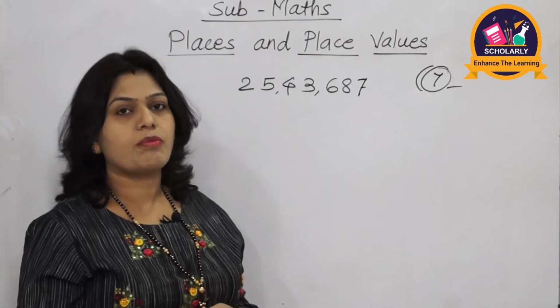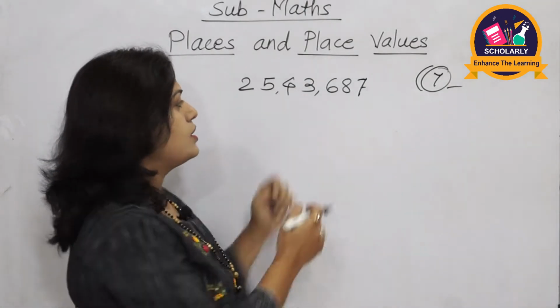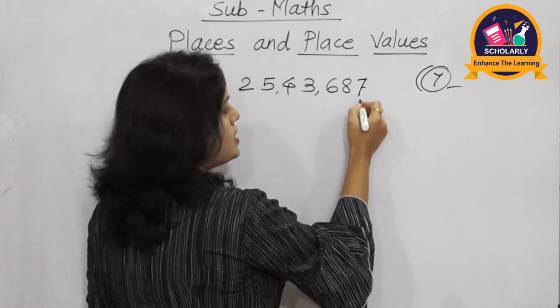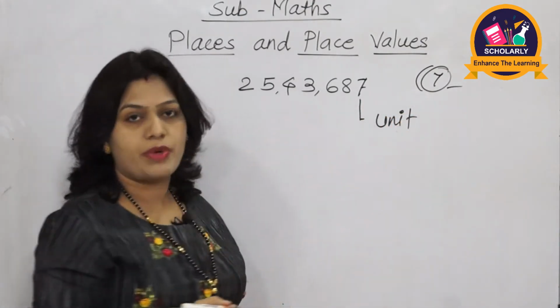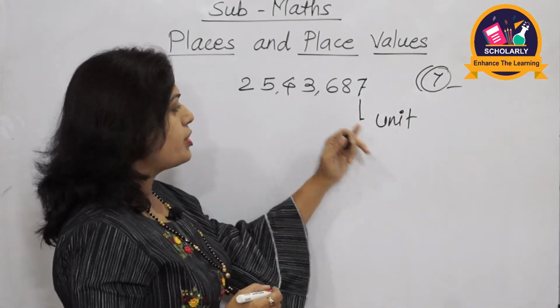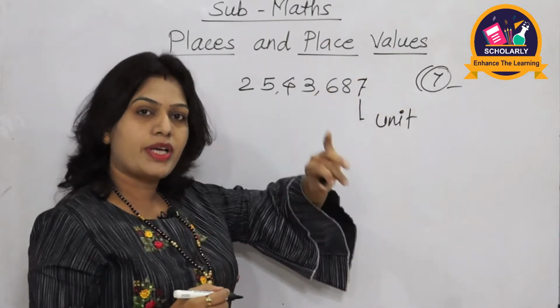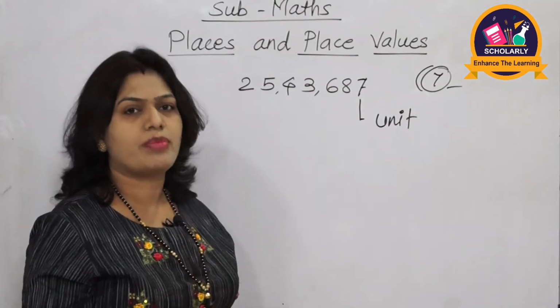In every number, the last digit has the place. We call it unit place. Unit place is the place for the last digit in each number.